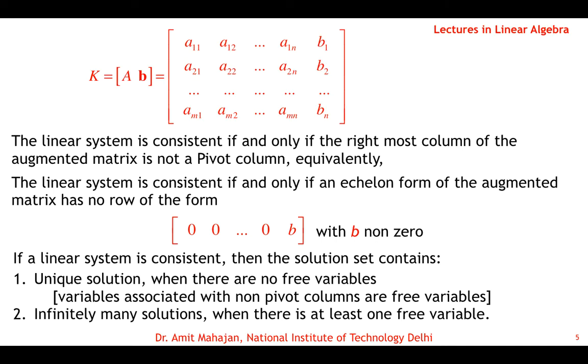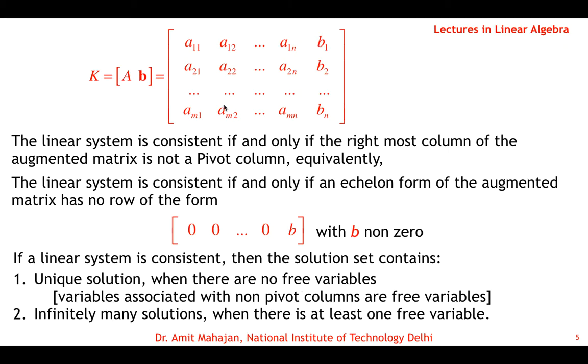And so finally, if you reduce it to equivalent form and the last column is not a pivot column, that means the system will be consistent. And if the system is consistent, it will have either a unique solution or infinitely many solutions. It will have a unique solution when there are no free variables.